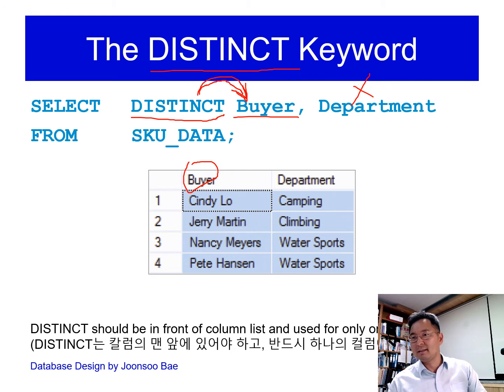You can see the evidence here: the same water sports appears twice. That means distinct does not apply to the department column, only to the buyer column. So distinct should be in front of the column list and is used only for one column, the first column. That's the rule of distinct.